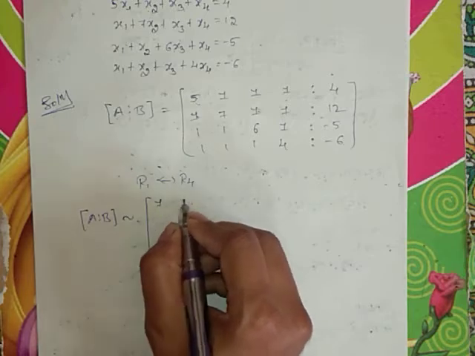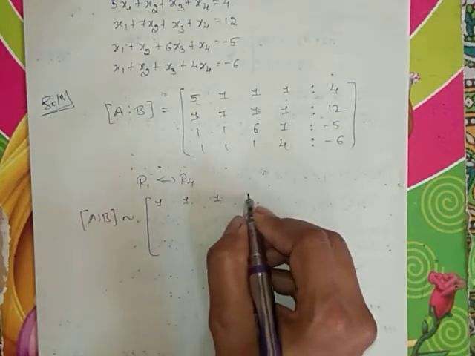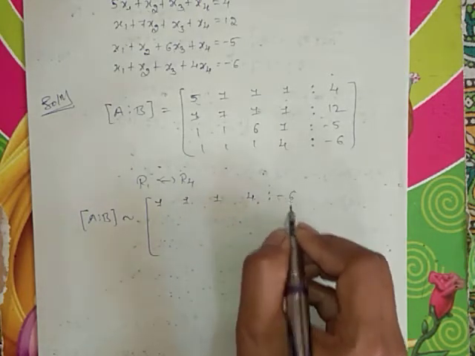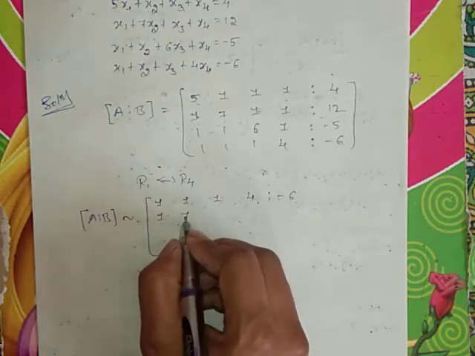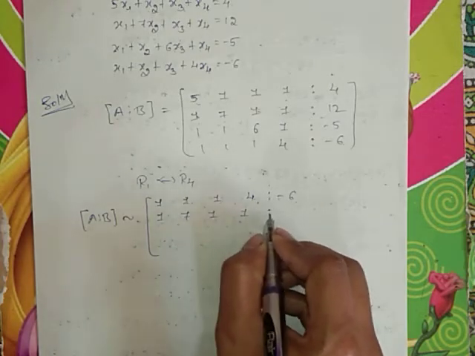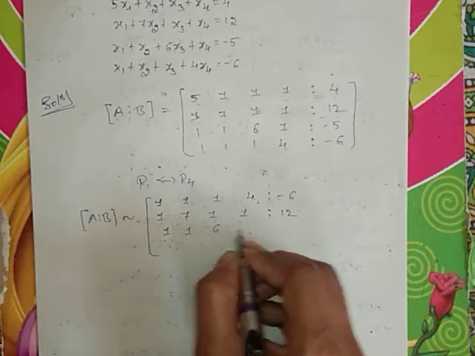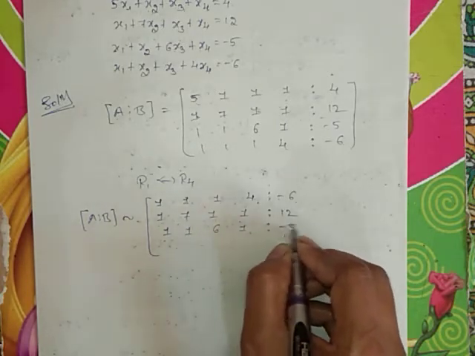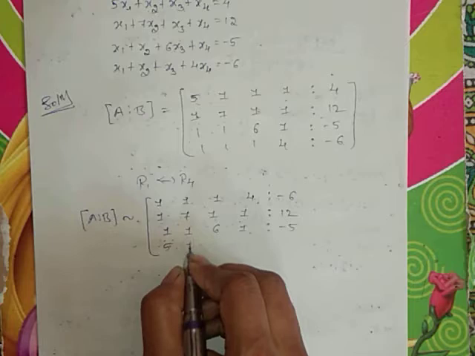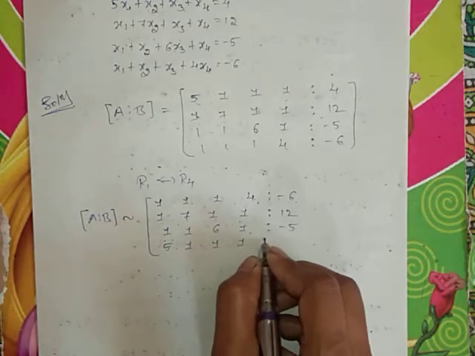So 1 1 1 4 minus 6, 1 7 1 1 12, 1 1 6 1 minus 5, 5 1 1 1 4.